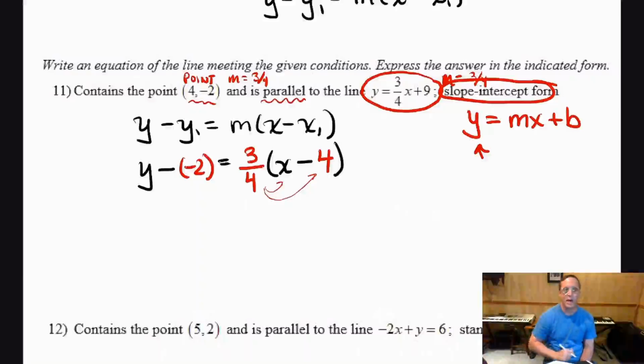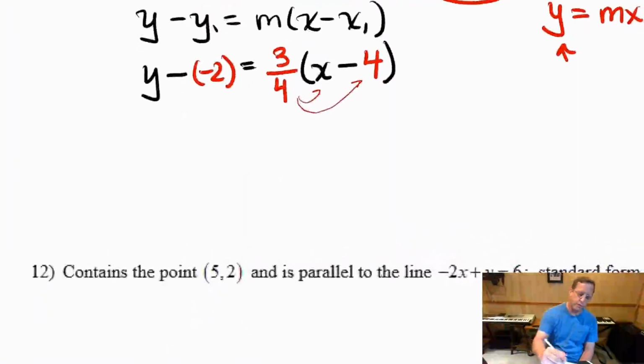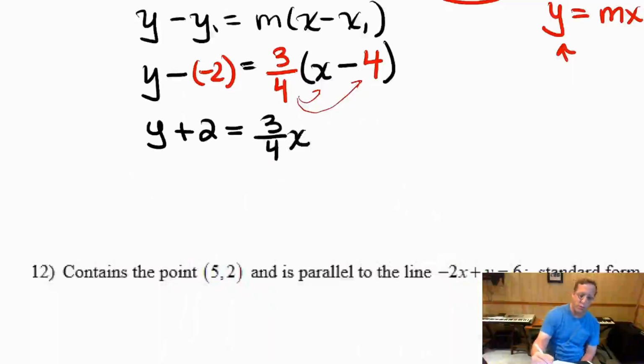The y is positive and the y is by itself. So I'm going to clean up this part. I'm going to write y plus 2. I'm going to distribute 3/4 times x, so that becomes 3/4 x. And then 3/4 times 4, the 4's cancel, and so you get -3.